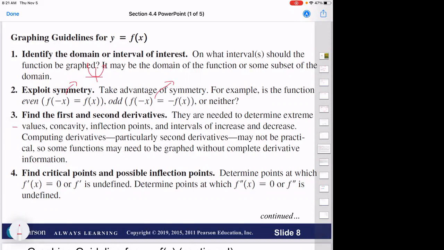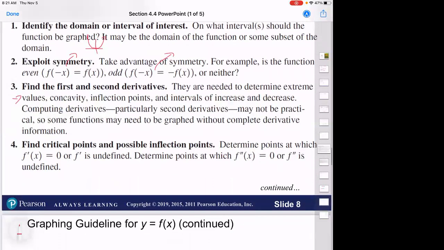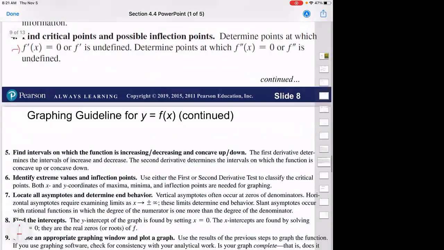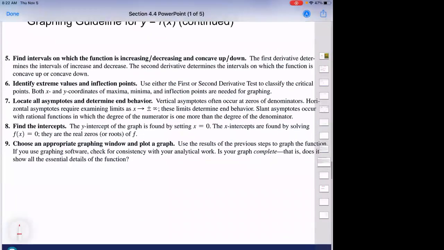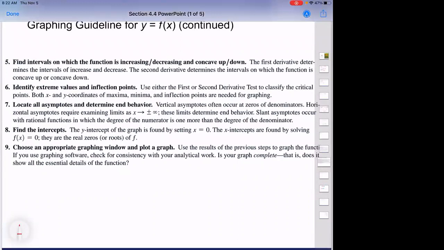Number three, see the first derivative and second derivative, and determine whether the function is increasing or decreasing. Number four, critical points, inflection points. So much information here. Identify the extreme values.